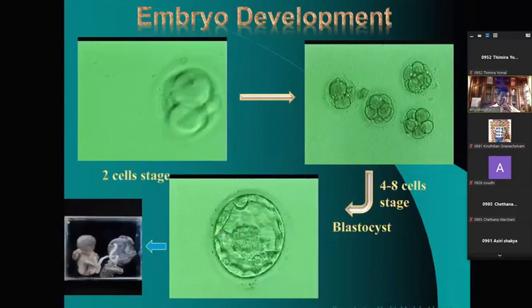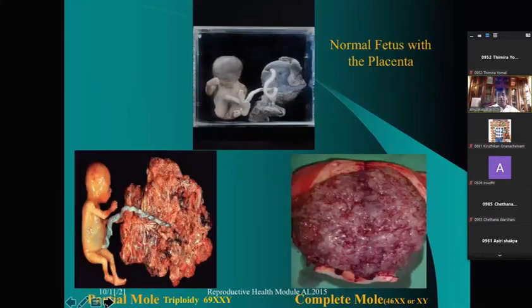Now, in this condition, what happens is you don't get the fetal development normally. There is a rapid proliferation of the placental tissue. If you get a normal situation, it's like this. You have a normal placenta and a normal baby.